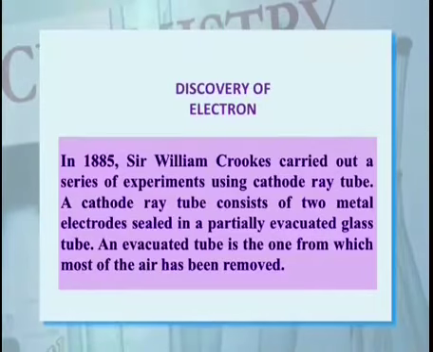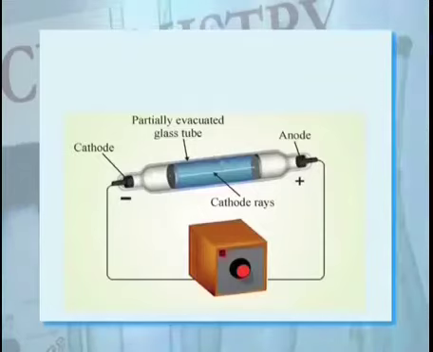The negatively charged electrode is called cathode, whereas the positively charged electrode is called anode. These electrodes are connected to a high voltage source. Such a cathode ray tube has been shown in the figure below.